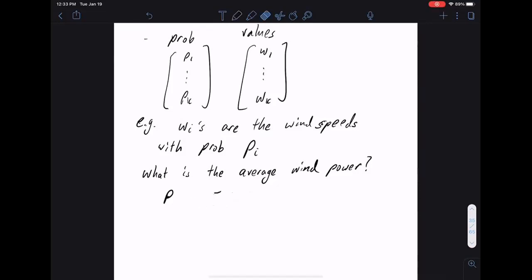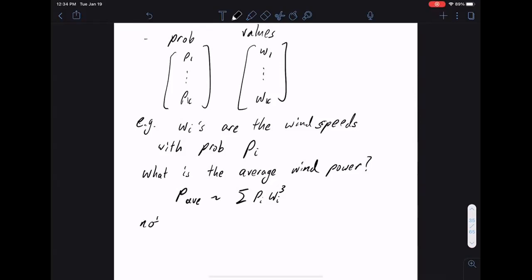The average power is proportional to Pi Wi cubed, multiplied by some area and density and 1/2, things like that. So the important thing is you cube the values first, then you multiply by the probability, then you add them up.